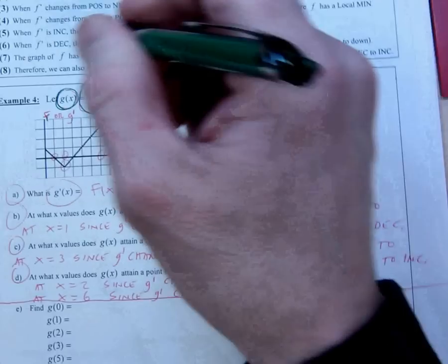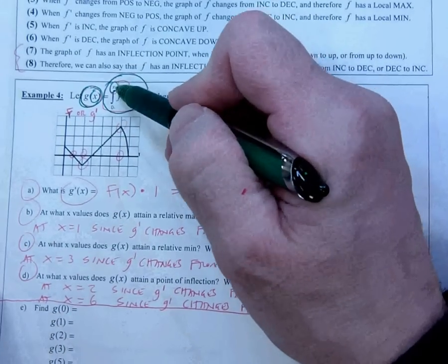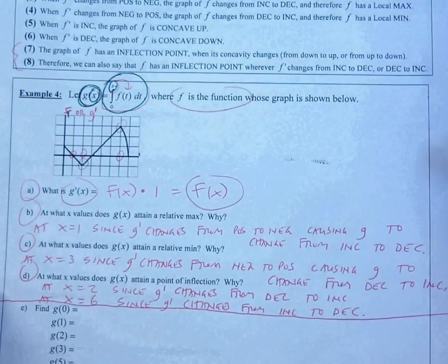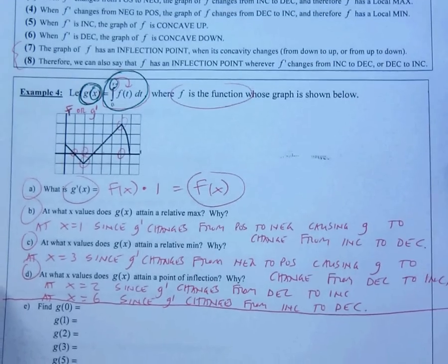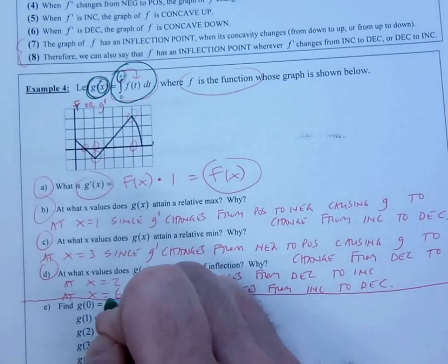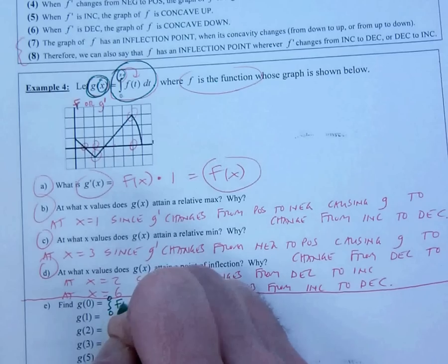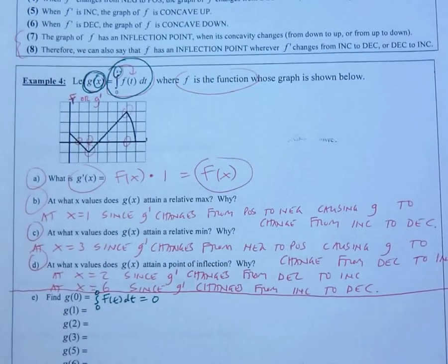I'd have to put a 0 there and a 0 there, wouldn't I? What do I get when I put a 0 there and a 0 there? When the upper and lower limit are the same, what's the value of the integral? What is it, guys? You should know all this. 0. So isn't g of 0, 0, guys?